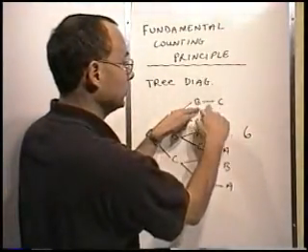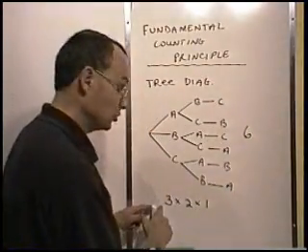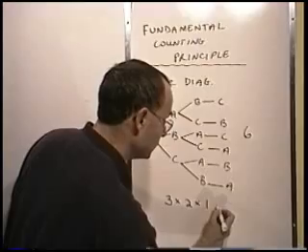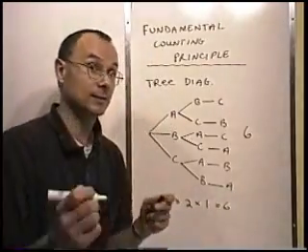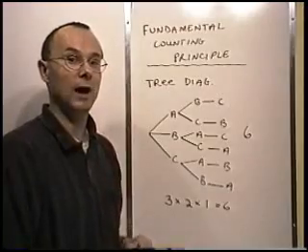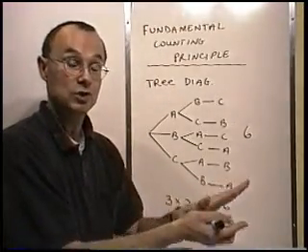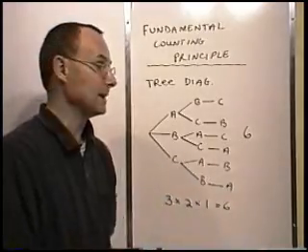And then the last one is just a single branch, so it's times 1. You'll see what we get is 3 times 2 times 1. Well, my goodness, that's 6. So you can work it out by counting the number of times that a branch would split at each step of the way.